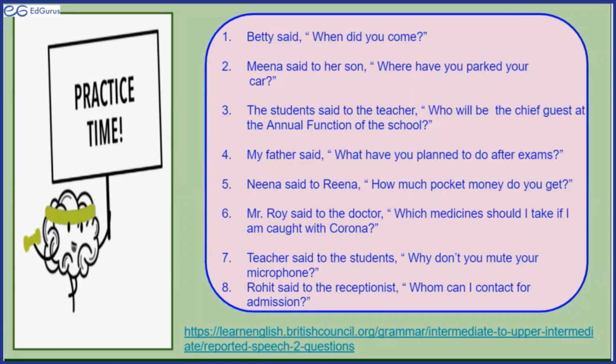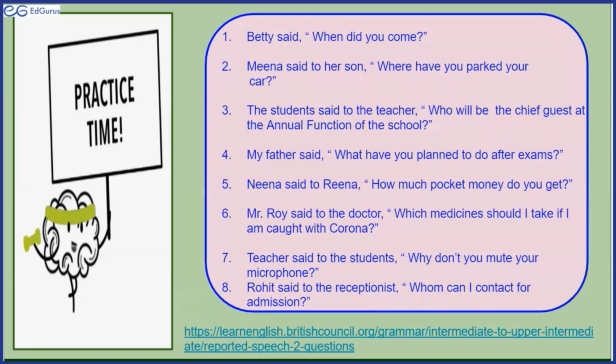Who the chief guest would be. The chief guest is the subject now. So, who the chief guest would be at the annual function of the school.